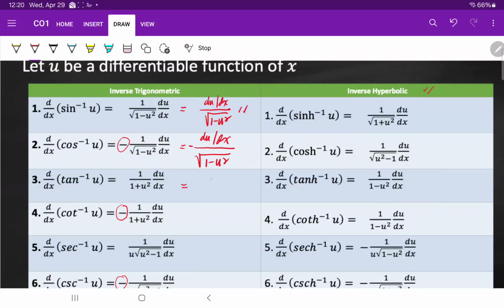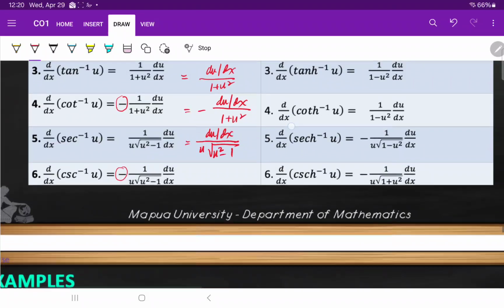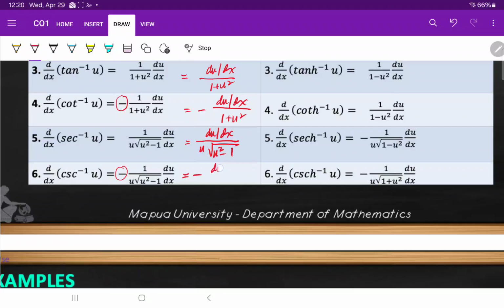For arc tangent, this is du dx over 1 plus u squared. For arc cotangent, negative du dx over 1 plus u squared. Arc secant: du dx over u square root of u squared minus 1. And arc cosecant is the negative of du dx over u square root of u squared minus 1.